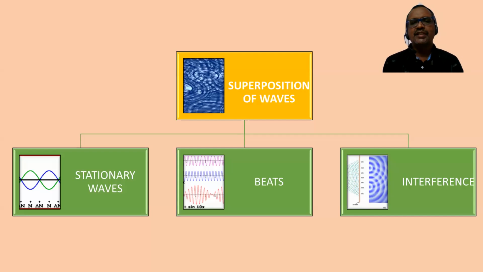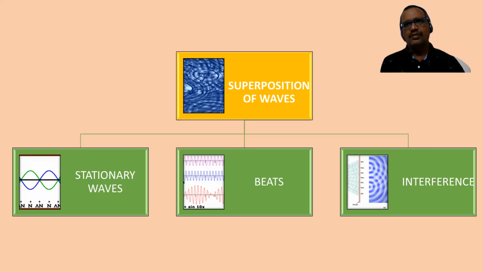As we learned in the superposition theorem, if two or three waves are propagating in the medium, then different phenomena will occur depending on the nature of the waves. So according to superposition of two waves, we consider when we have stationary waves, when we have beats, or when we have interference.